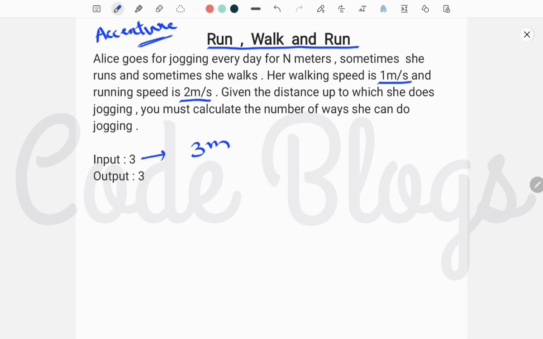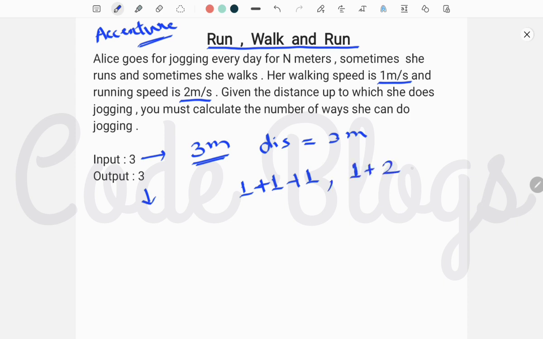Then she does jogging. The distance is equal to 3 meters and the output is 3, that means the number of ways he can complete his distance. First of all he can go 1 plus 1 plus 1, where the total distance is covered by walking.